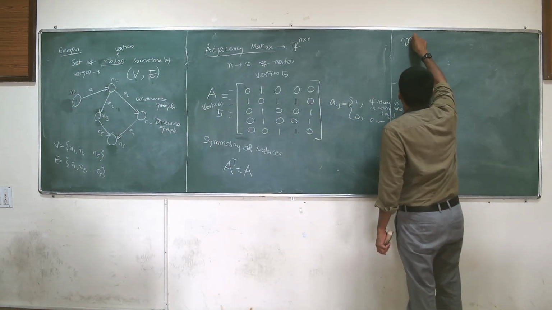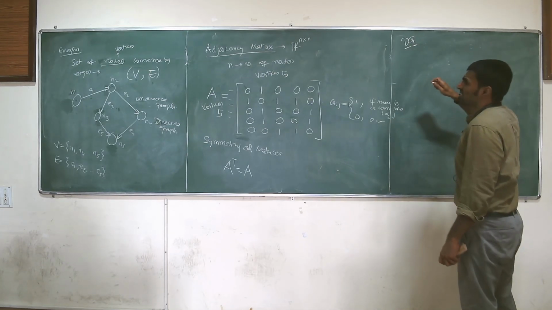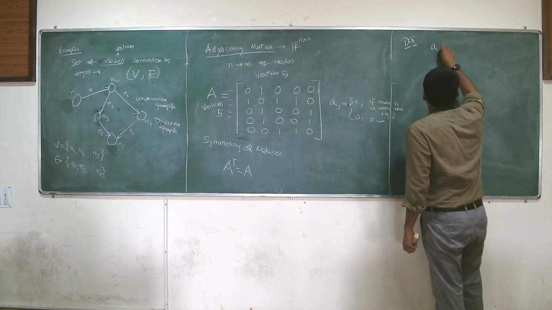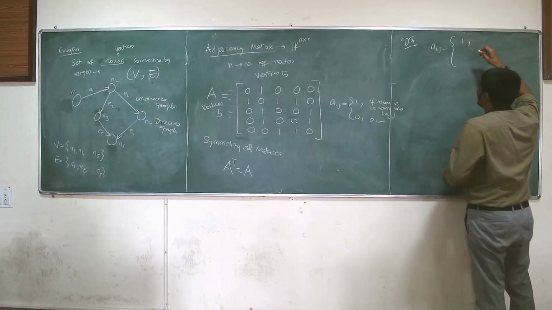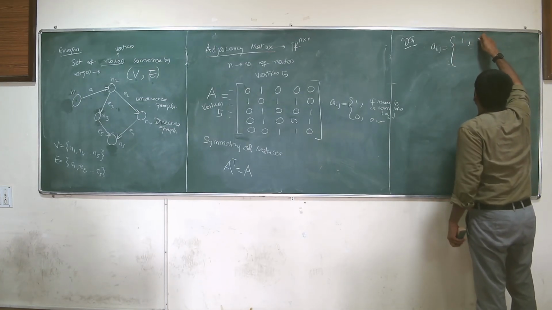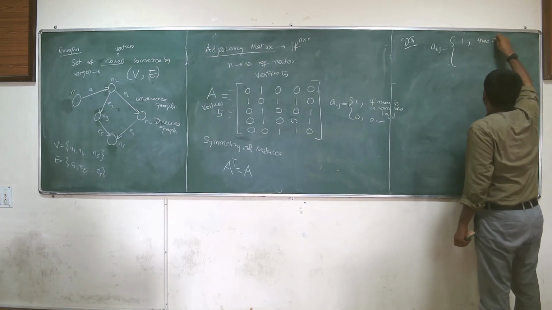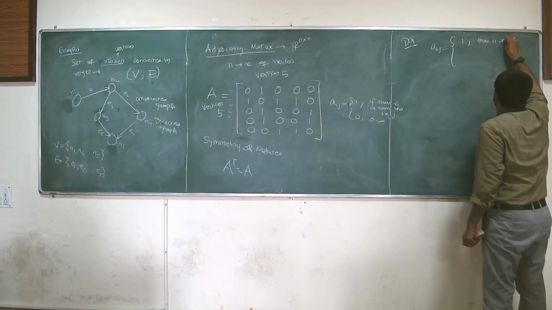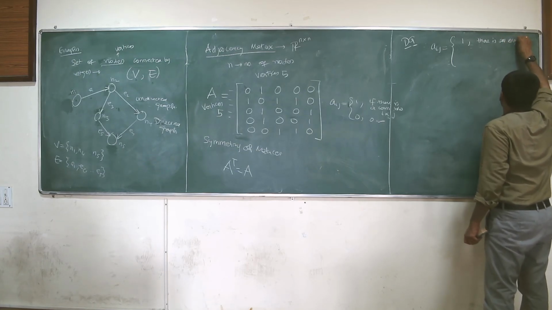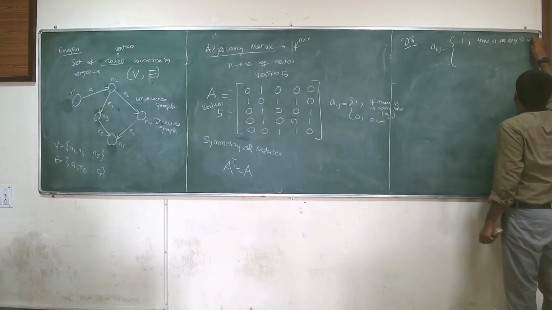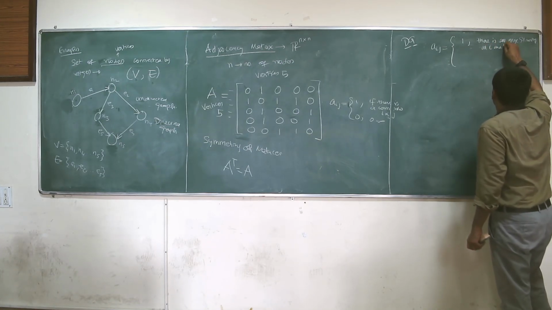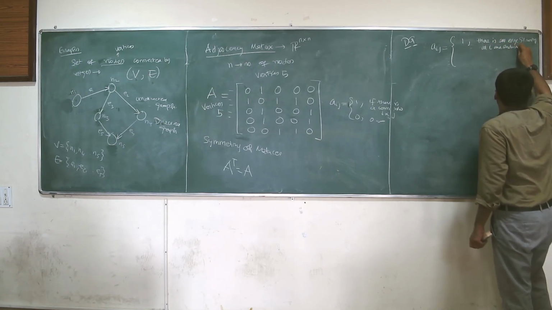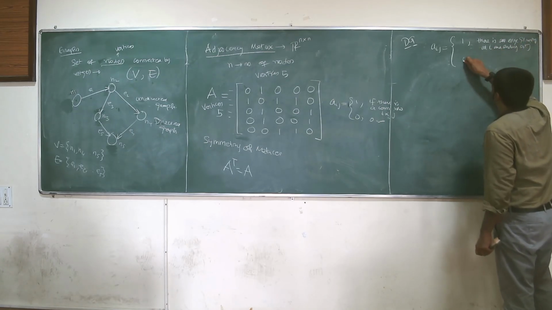For directed graphs, Aij would be 1 if there is an edge starting at i and ending at j. Otherwise, it's 0.